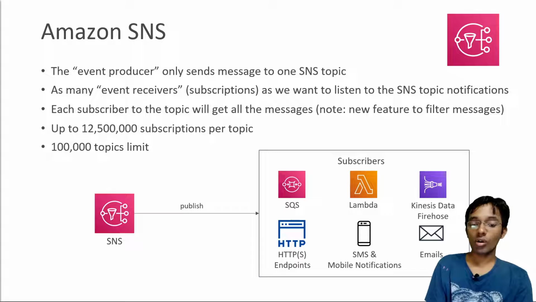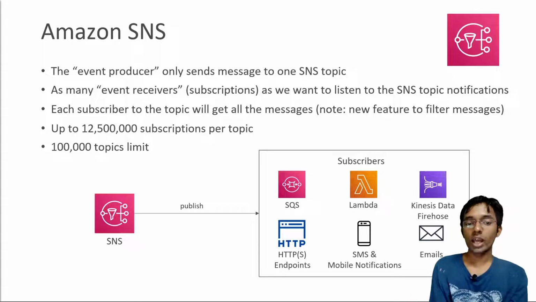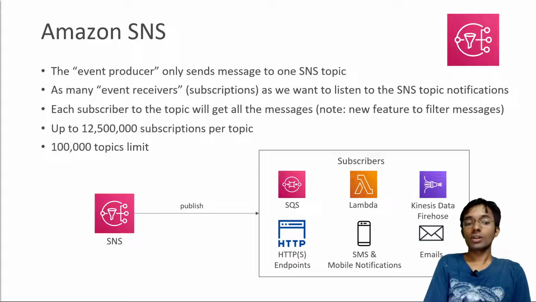But SNS also has integration with specific AWS services such as SQS to send your message directly into a queue, Lambda to have a function run some code after the message is received, or Kinesis Data Firehose to send data into, for example, Amazon Redshift.